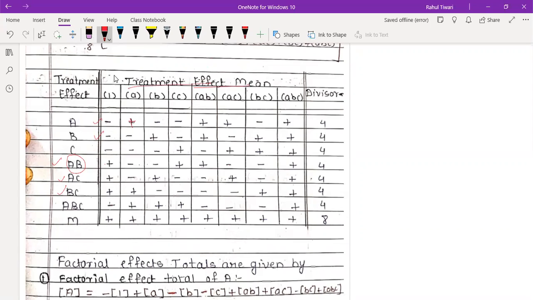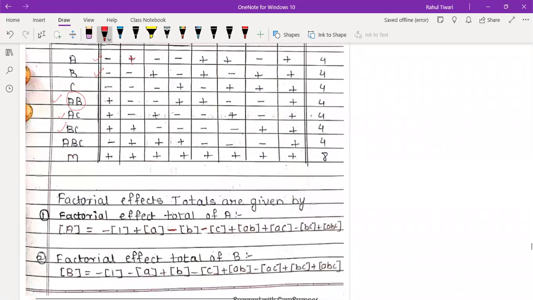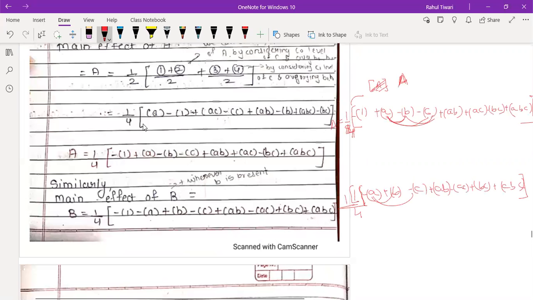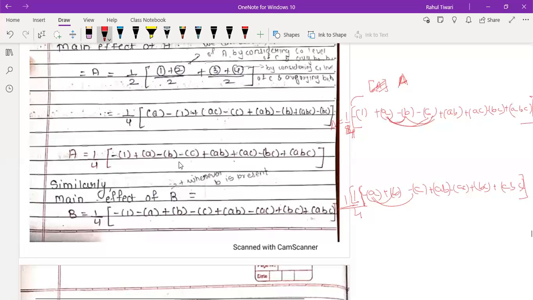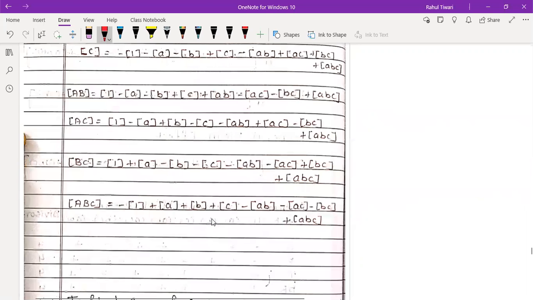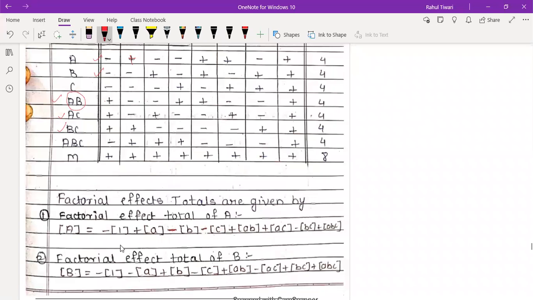And once you get the treatment effects table, one can get the factorial effects using the same formula, only using these closed brackets. If you look at this particular formula, the effect of A is written here, only here they have used a closed bracket, but there is no divisor. You can understand, there is nothing divided by something.